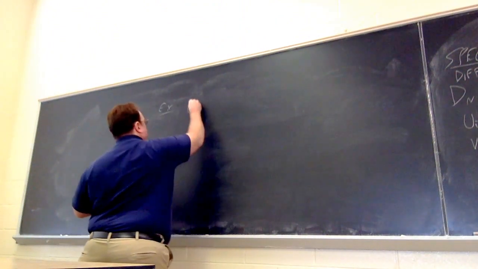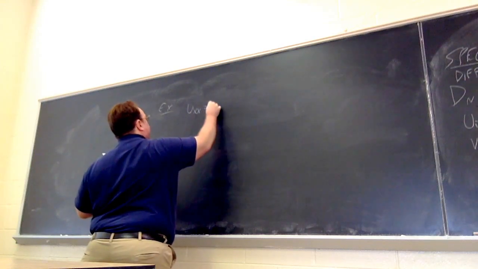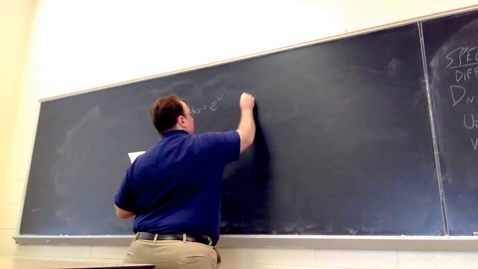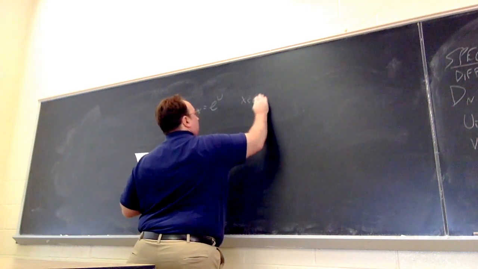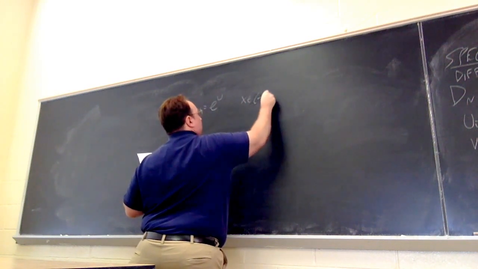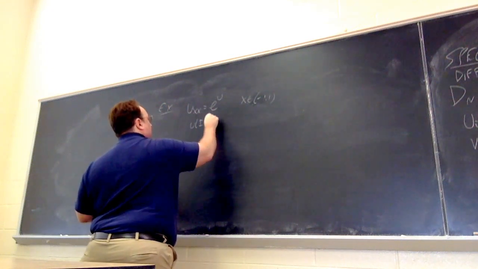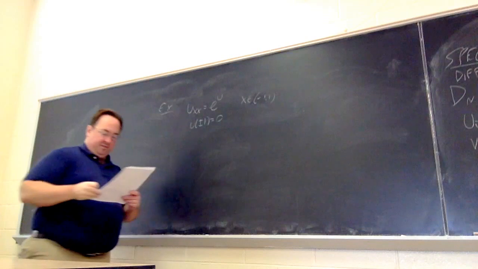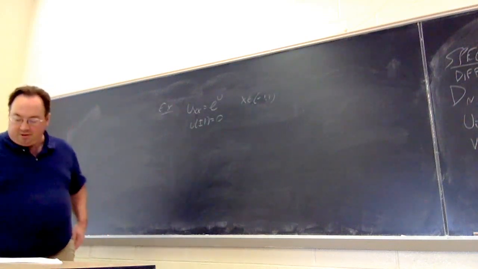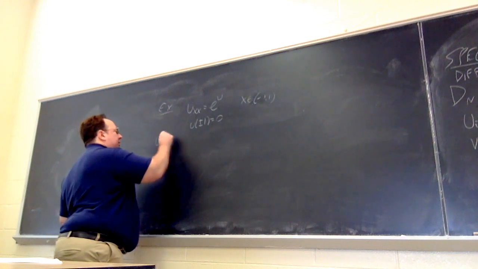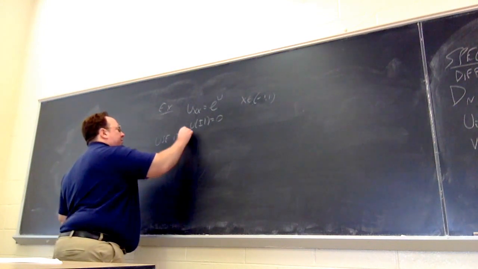So now I have u_xx is equal to e to the u on minus 1 to 1. Still Dirichlet boundary conditions. So what we can do here is use an iteration.